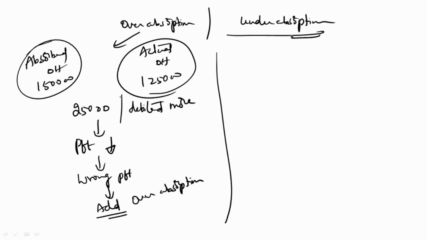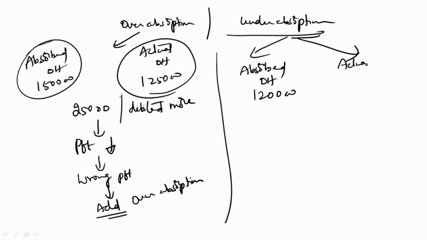Similarly, coming on to under absorption, let's take an example. So absorbed overheads in case of under absorption is 1,20,000, just for example purpose. Actual overheads, let's say, 1,42,000. So which means you should have debited or absorbed 1,42,000, but you have actually absorbed or debited 1,20,000.